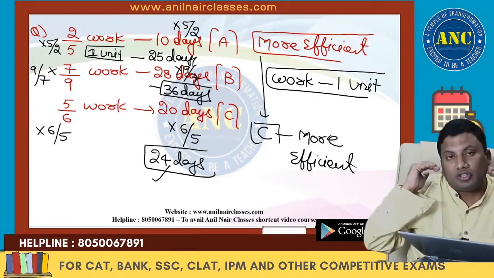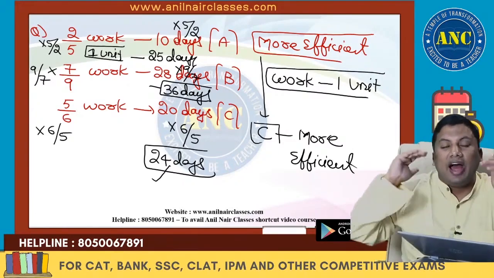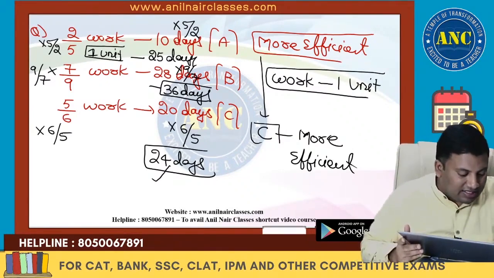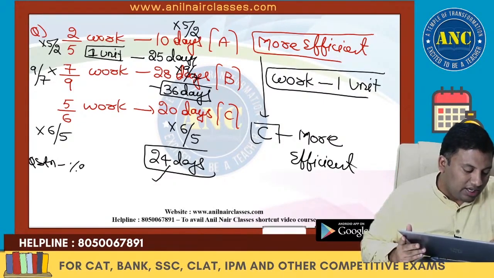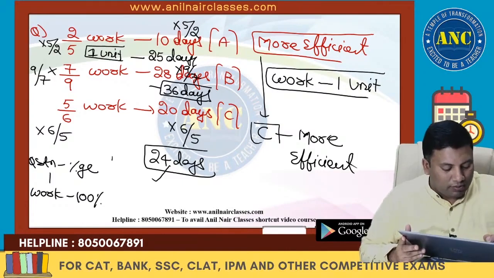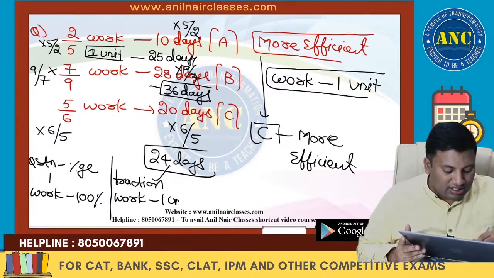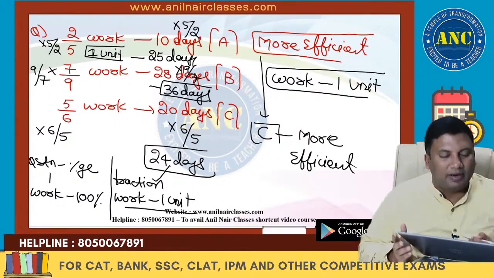The question can be given in percentage or in fractional value. If the question is given in percentage, the total work is assumed as 100%. If the question is in fractional value, the total work is assumed as 1 unit. Both are the same: 100 by 100 is nothing but 1.